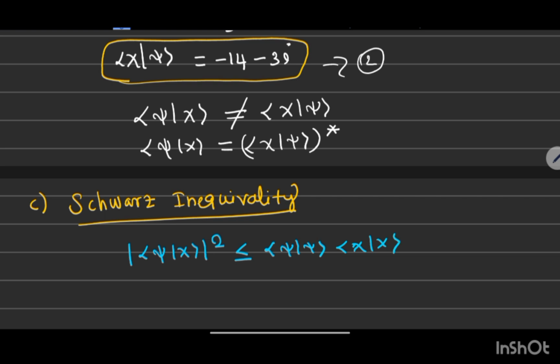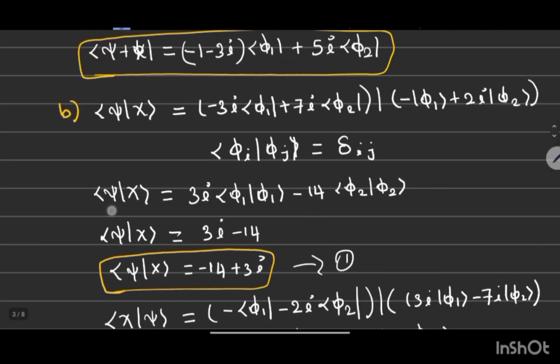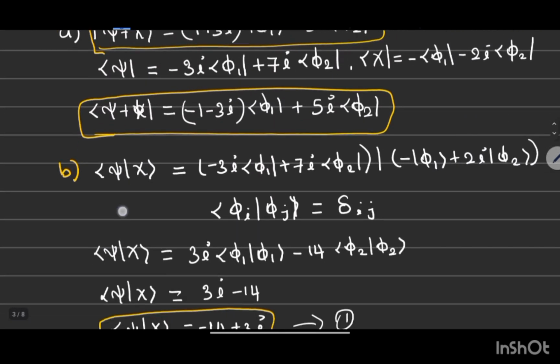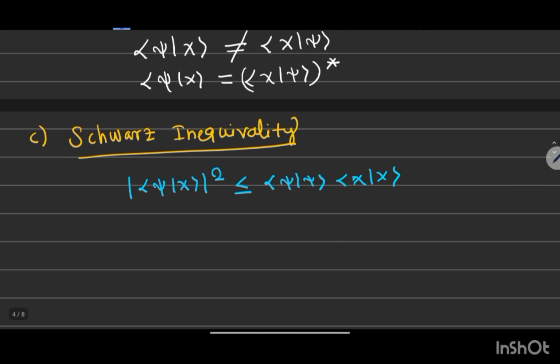If the vectors are linearly independent, then this inequality must hold. Let us check for the given two vectors whether this inequality is satisfied or not.